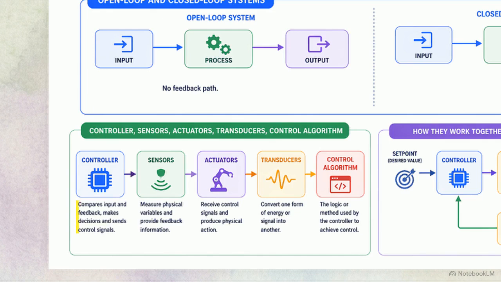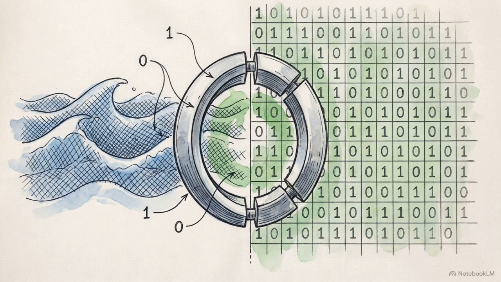It compares the initial input against the new feedback, makes decisions, and sends out command signals. Those commands reach the actuators. This is the muscle of the system, receiving control signals to produce a physical response, like spinning a motor. This continuous hardware pipeline allows a closed-loop machine to constantly translate a chaotic physical environment into actionable digital data.